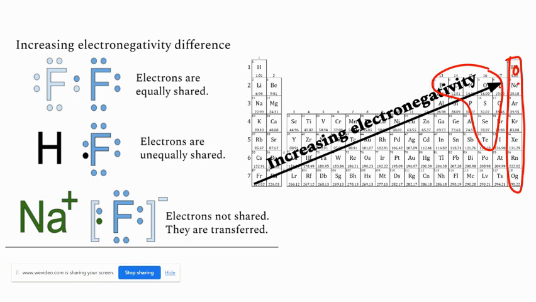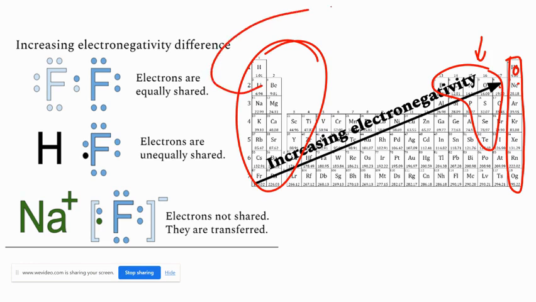So they're going to have a very high electronegativity, because if they gain 1 or 2, they look like a noble gas on the outside. For our metals over here, it's easier for them to lose 1 or 2. If they lose 1 or 2, now they look like the previous noble gas. So they're going to have low electronegativities.